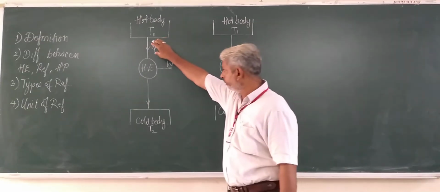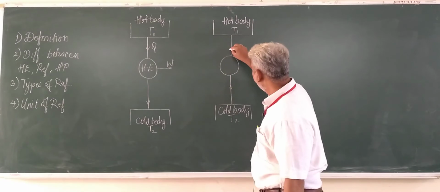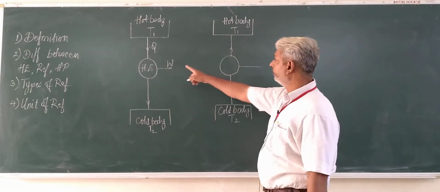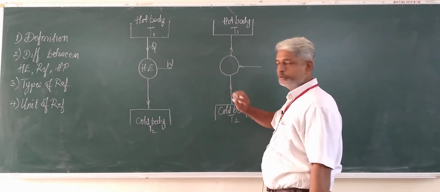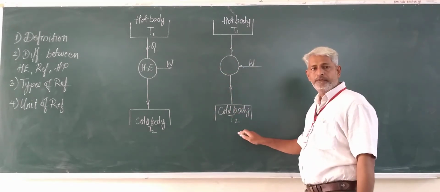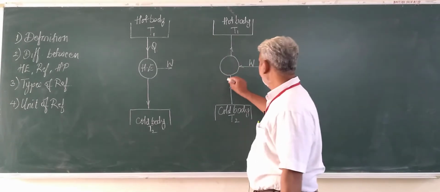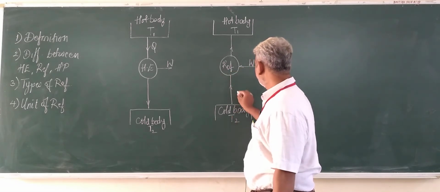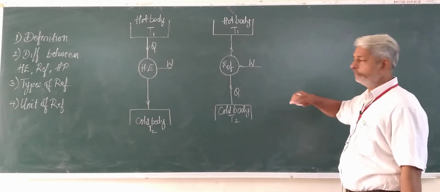Obviously whatever arrows were there earlier will be drawn in a reverse manner. This is how it will look. Similarly, whatever work was produced by the earlier system, in this system work will be absorbed rather than produced. So this will be the system which will pick in heat from a cold body and supply it to the hot body. This is against the natural law. This type of system is called the refrigerator system. We are picking the heat and supplying it to the hot body.